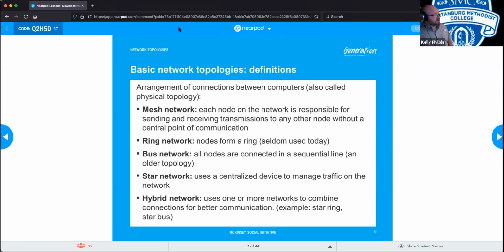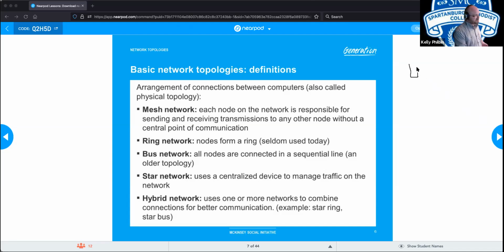Go ahead and break out our annotator here, because I don't have my digitizer handy. I'm going to give Avery an eye twitch. So the first kind we have is our mesh network.